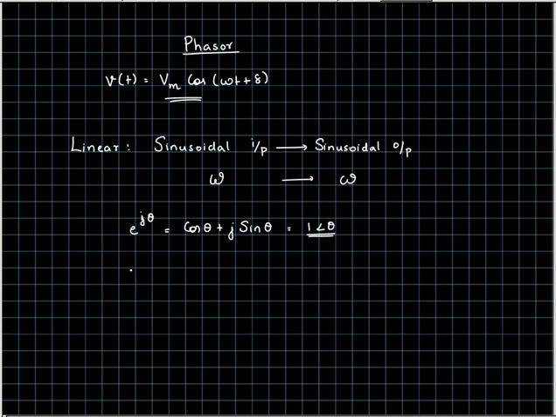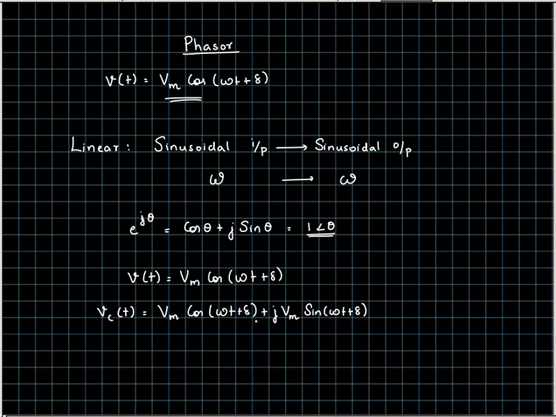Now suppose that I have a signal v(t) which is given as Vm cos(ωt + δ). Then I define a new signal Vc(t), which is defined as Vm cos(ωt + δ) + j Vm sin(ωt + δ).